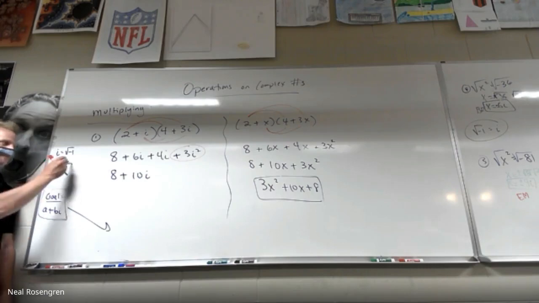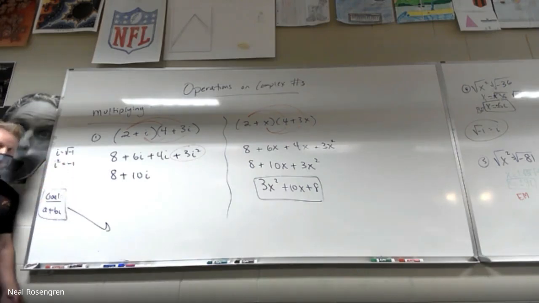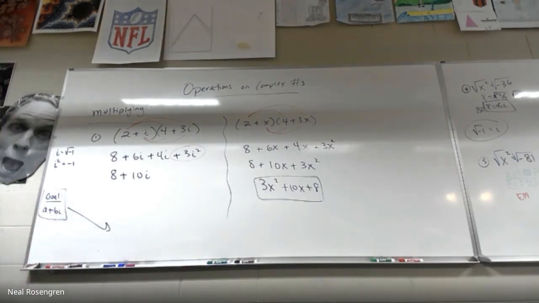I squared is negative 1. Look back two days ago to your notes. Remember we did that little circular thing, right? I squared, i to the third, i to the fourth, and around it went. I is i. I squared is negative 1. I cubed is negative i, and i to the fourth is 1. We can always reduce these powers.